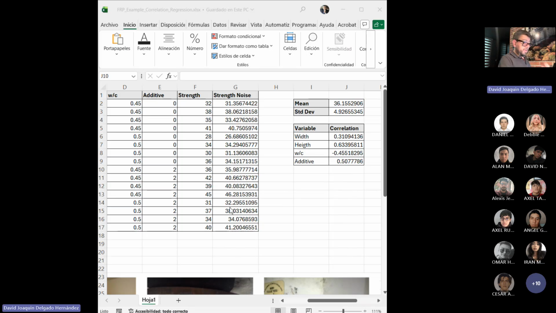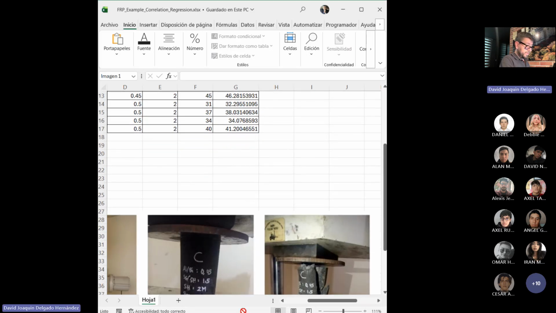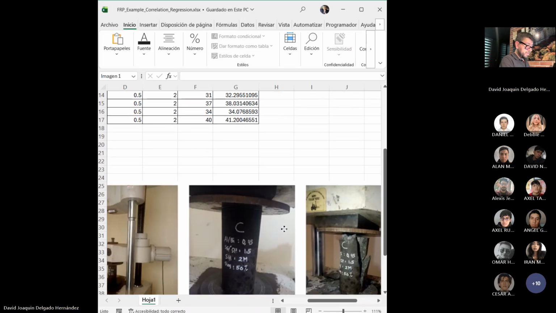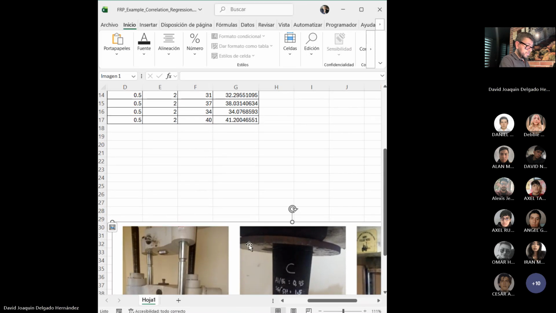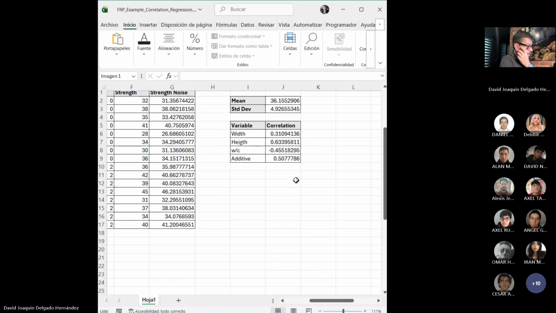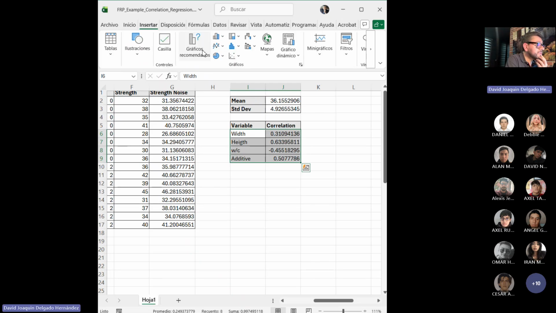Okay. So let us do the following. I am going to put a graph here. I am going to put this down there. So I select this range and go to the insert graphs.